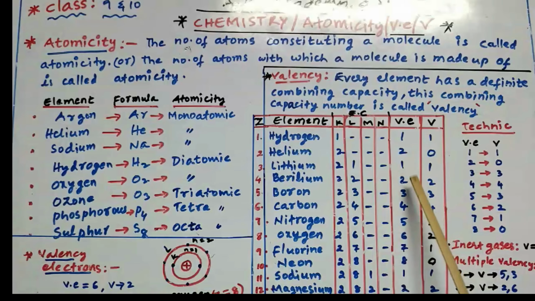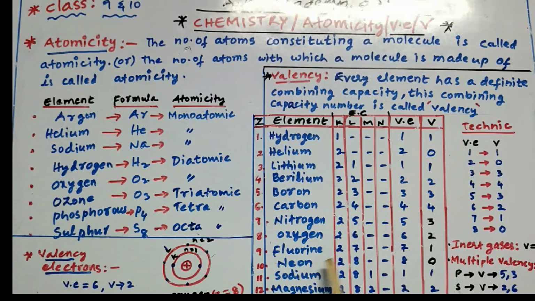So we understood the valence electrons, the outermost shell electrons. From these, the valency, combining capacity: hydrogen 1, helium 0 as it is an inert gas. Similarly, neon also 0. Lithium 1, beryllium 2, boron 3, carbon 4, nitrogen 5 valence electrons, oxygen 6 valence electrons but valency 2, fluorine 7 valence electrons but valency 1, neon 8 valence electrons and valency 0.